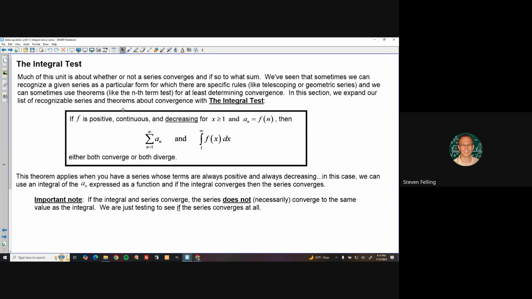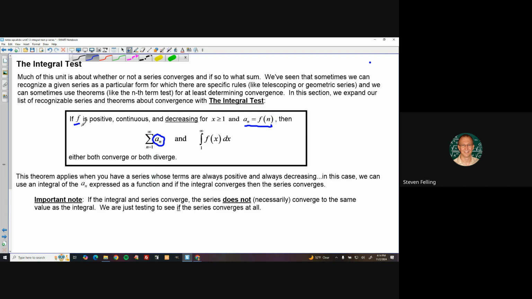So the integral test states this: if you replace the generating rule, so whatever the rule of the series is, and write that as a function, it's technically a function of n, which is the index, although typically we just go ahead and switch to using the letter x.